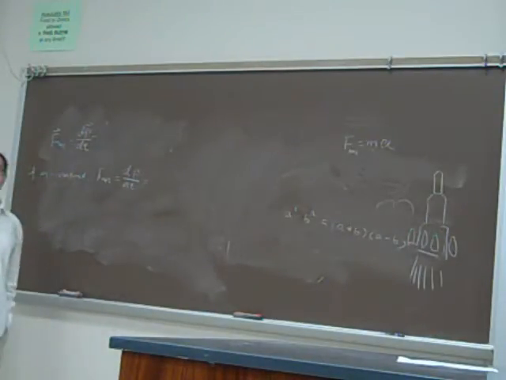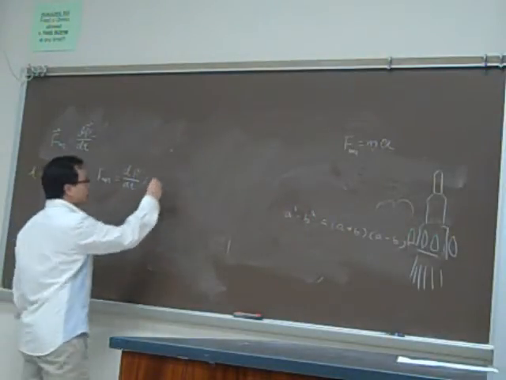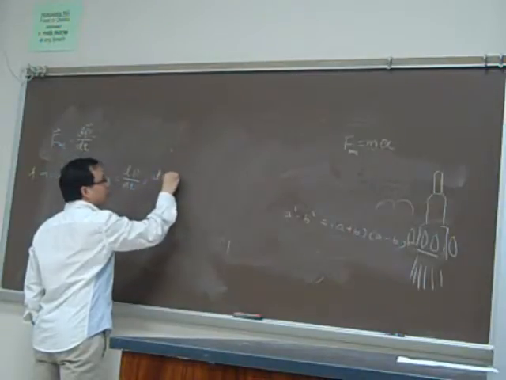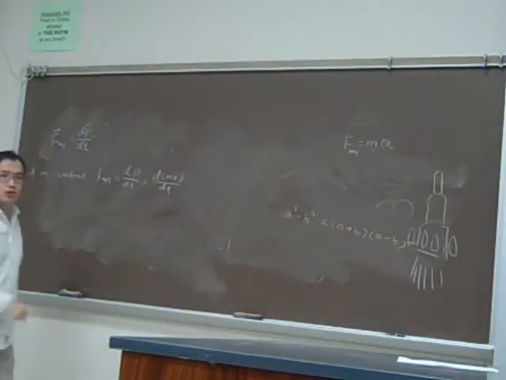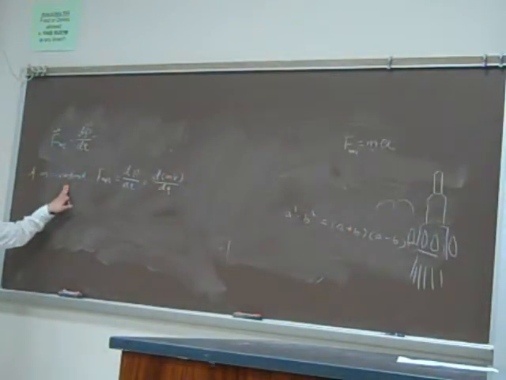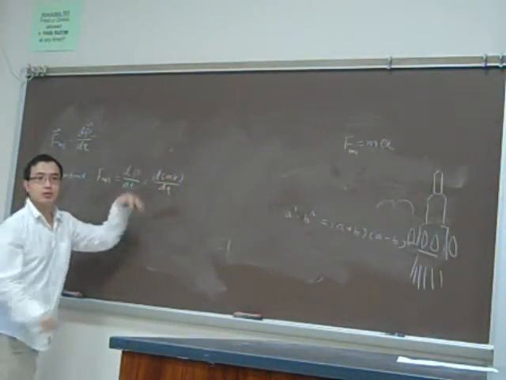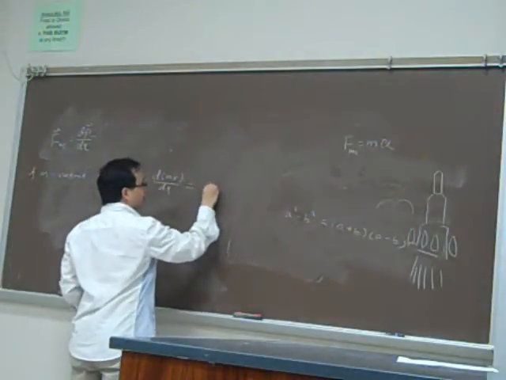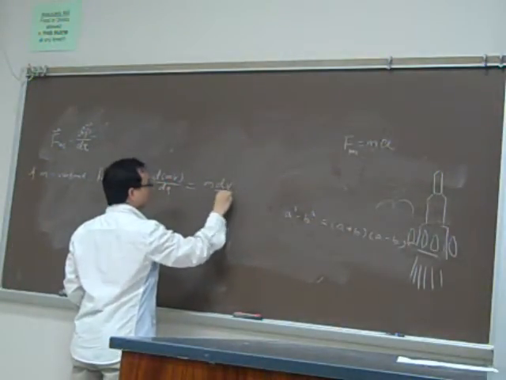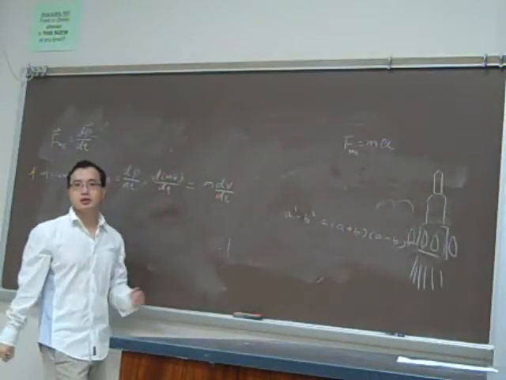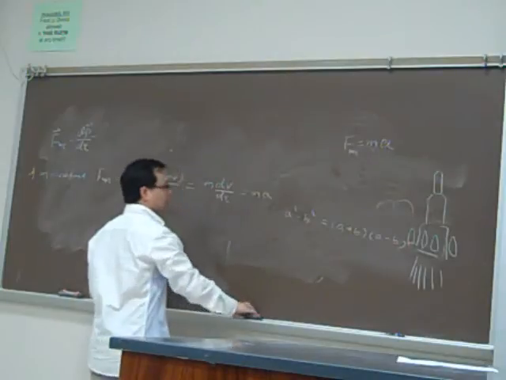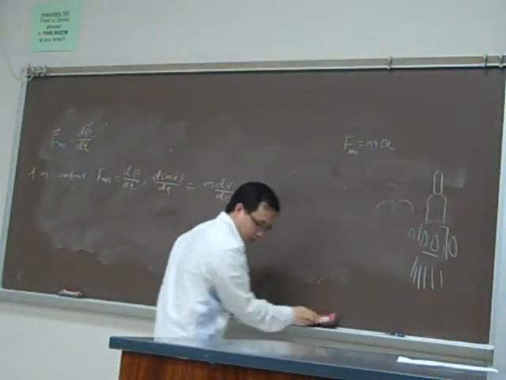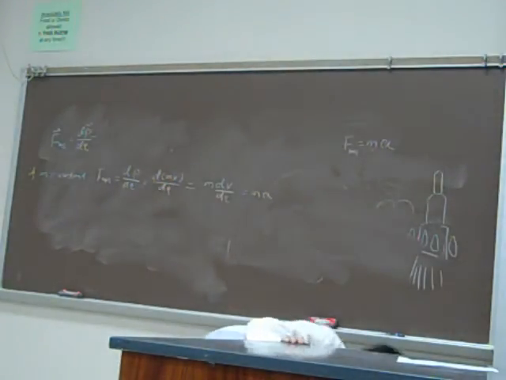But P, let's think about one object with constant mass, is simply mv, right? And if mass is a constant, you can factor it out. So it becomes m dv over dt. But what is dv over dt? That's the acceleration, so it equals ma. So for constant mass, they are the same thing.